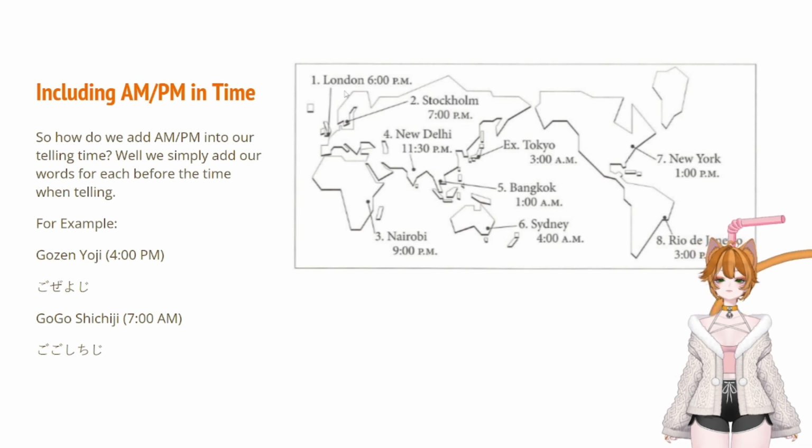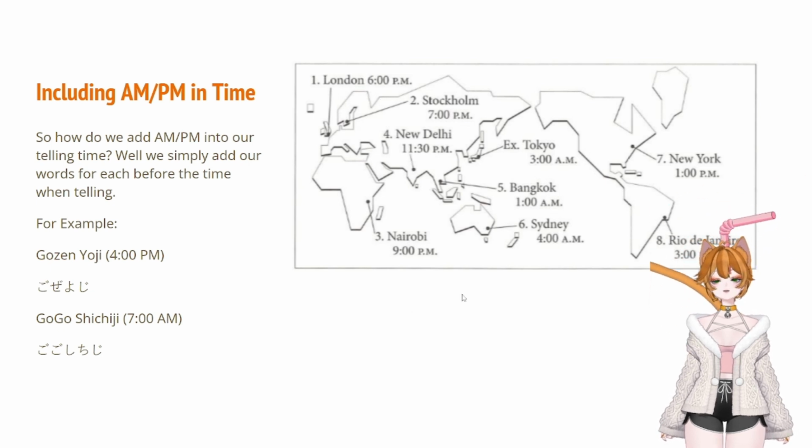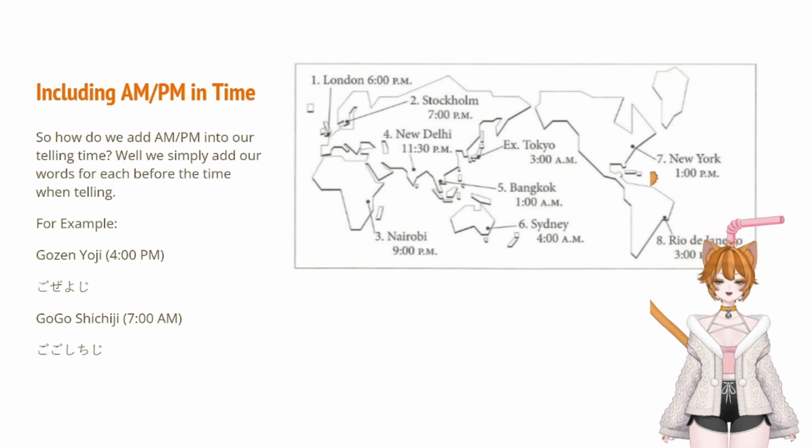So I'm going to read each of them and you're going to tell me what time it is. Number 1. Remember to use our AMs and PMs. Number 2. Number 3. Number 4.